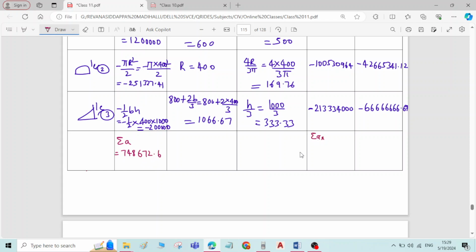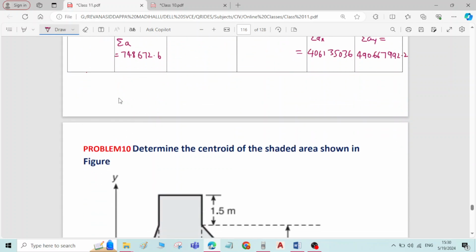Sigma AX is equal to 406,135,036, and sigma AY is equal to 490,667,992.2. Now we can find x bar and y bar.